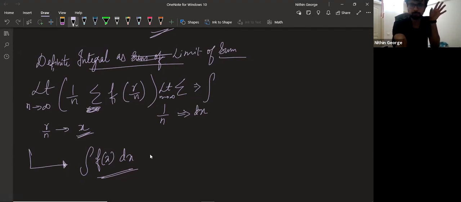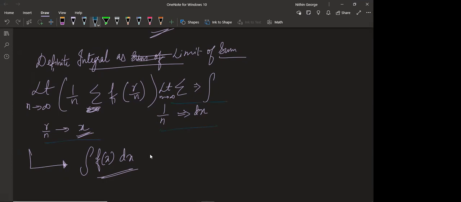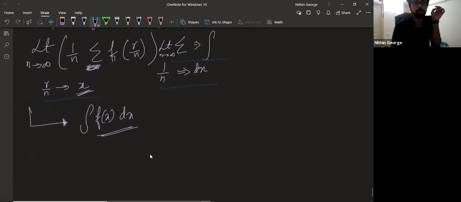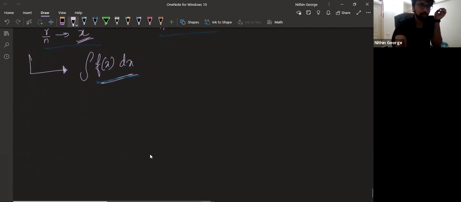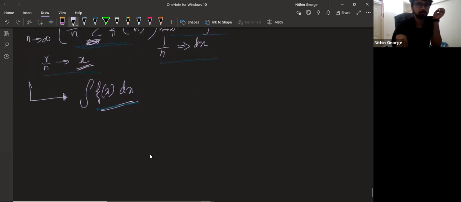Wrote it down? Three things I want you to write down. One is this, other is this, third is this. Basically, this limit becomes this here. Now, this integral will be going from A to B, right?